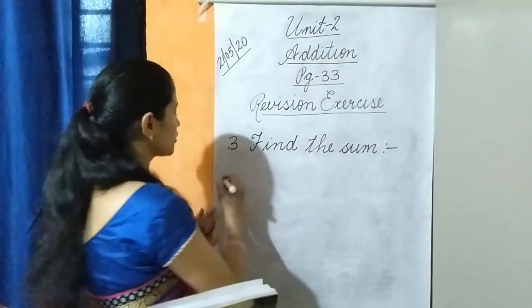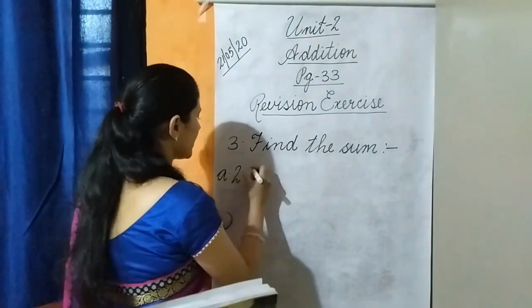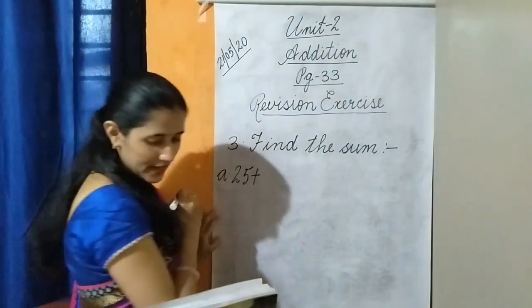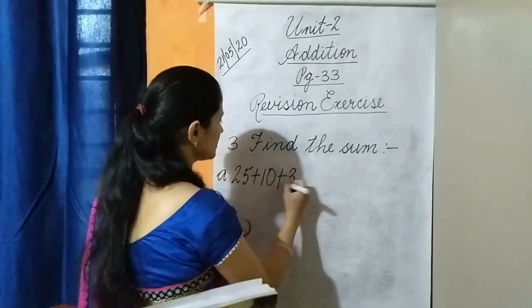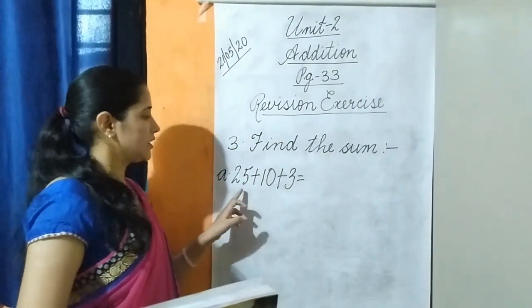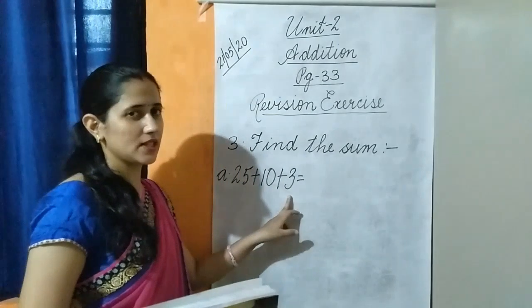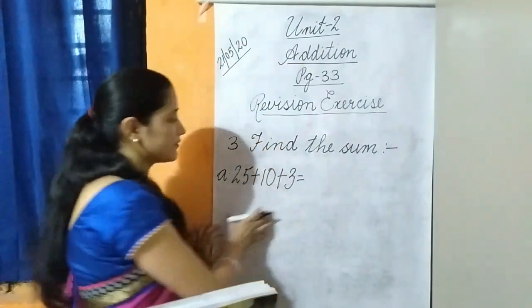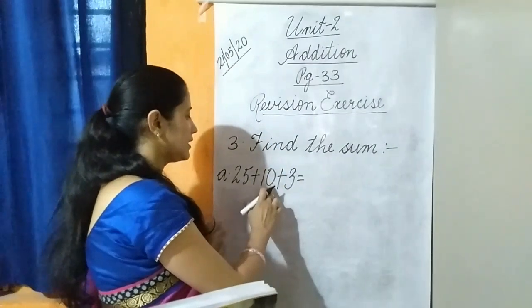Here also we have got horizontal addition only. So 25 plus 10 plus 3. 25 plus 10, 35. 35 plus 3, 38. But we will add according to their places. That is 3 plus 0, 3.